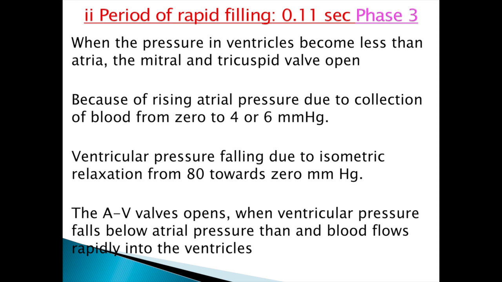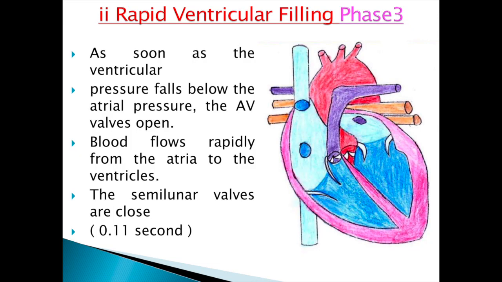So maximum blood is running towards the heart, and because there is good time for the atria to fill, the pressure was 5, 6, 7 sometimes. As soon as the ventricular pressure falls below the atrial pressure, the AV valve opens and blood flows rapidly. The semilunar valves are closed.